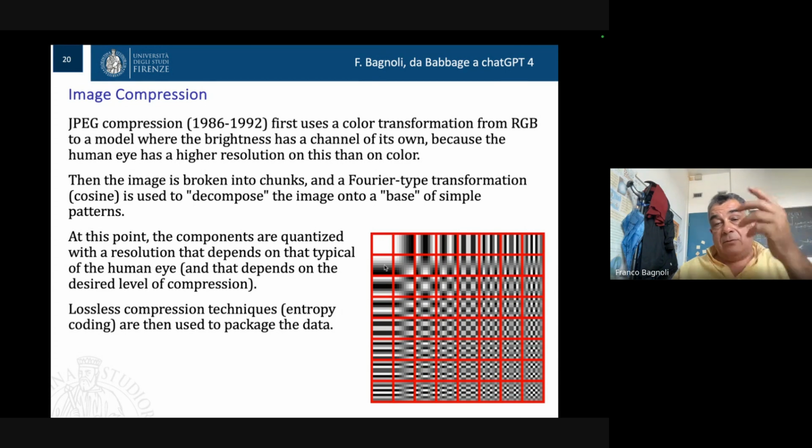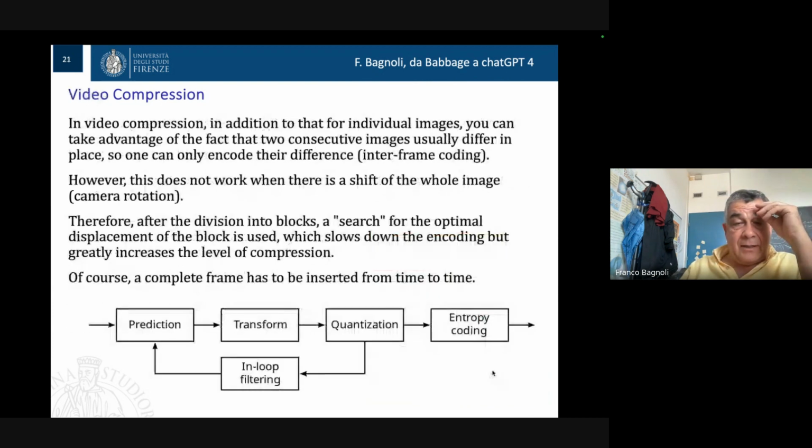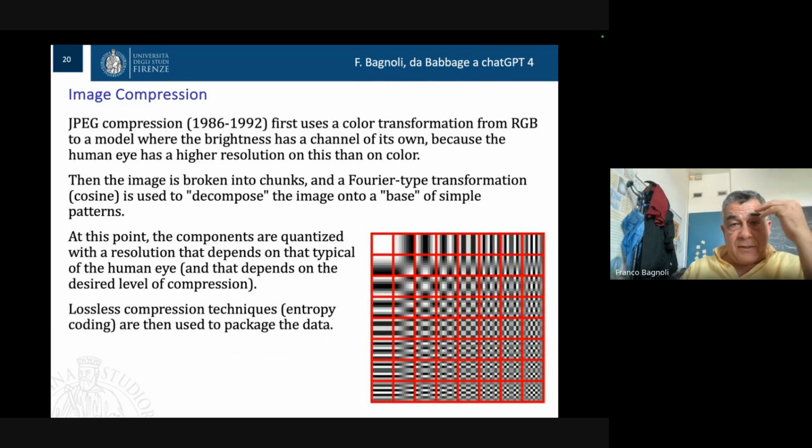And so you perform some algebra, essentially the matrix multiplication, and then you can compute the weight of all these components, and then you can filter, maybe throwing away those which are not important. So this is for image compression. This is how JPEG works.